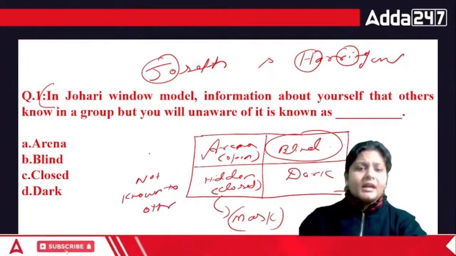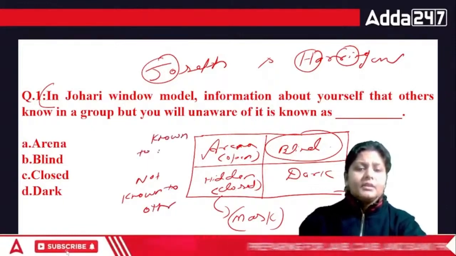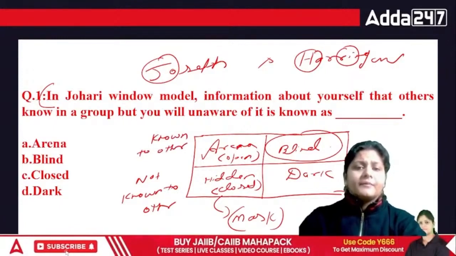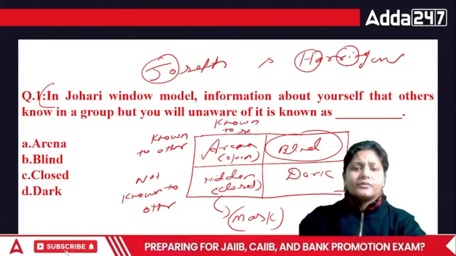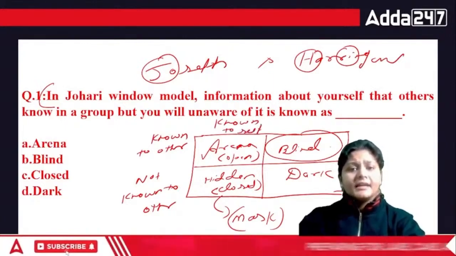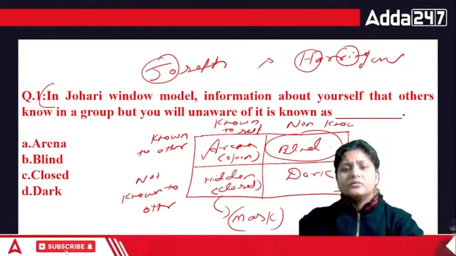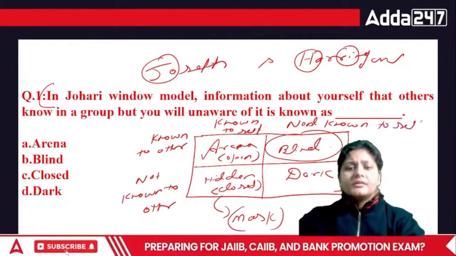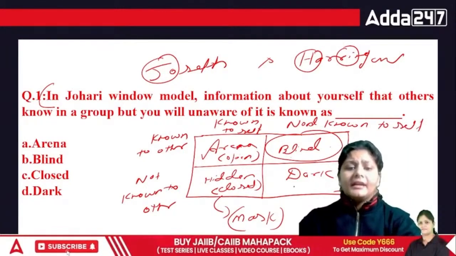This is the area known to other, and the first area here is known to self, and the second area is not known to self. So we have the 4 quadrants here: arena, blind, hidden and dark.